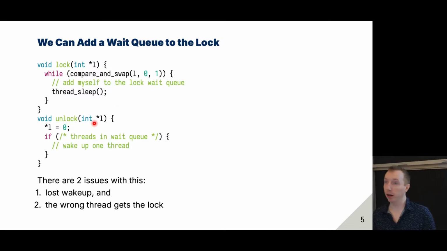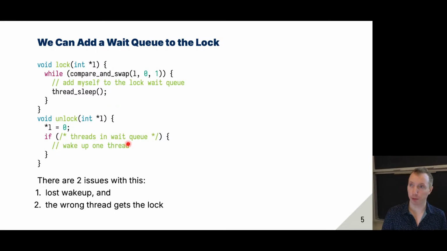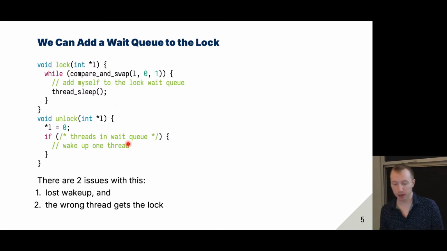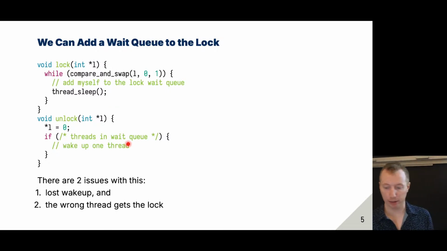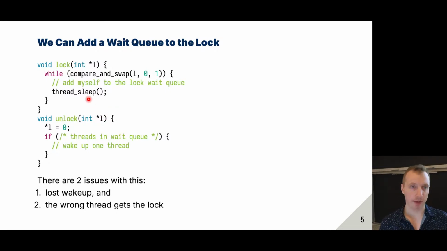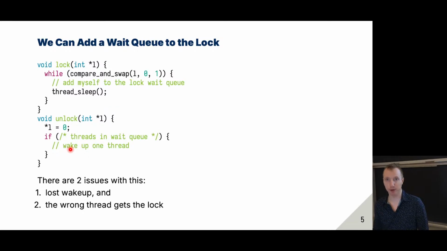So if you are done with the lock, you check the threads that are currently in the wait queue and then just wake up one thread. So if there's 7 threads sitting there, you only wake up one, and this assumes that we have a thread sleep, which puts the thread to sleep. It essentially blocks the thread until another thread wakes it up. So this would unblock just a single thread in that wait queue.